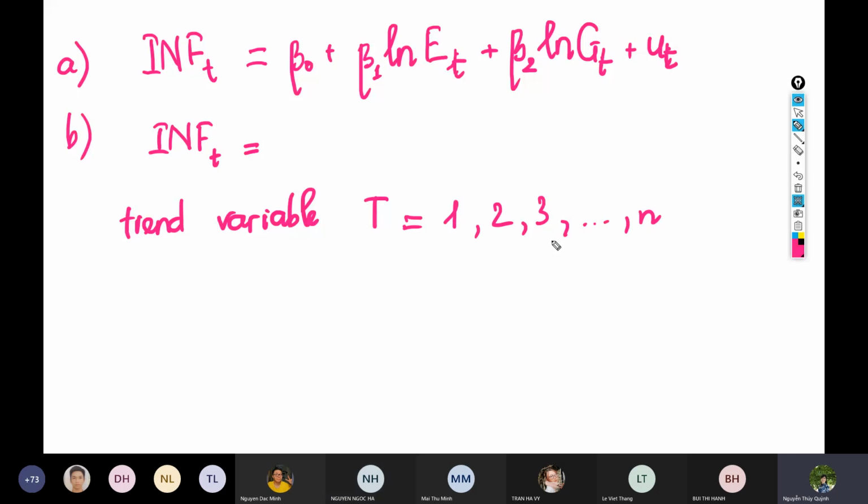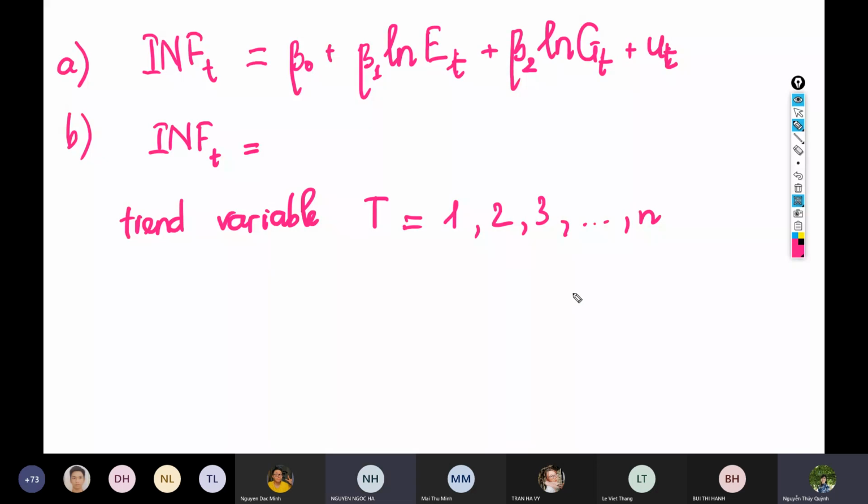So if inflation changes over time, then T will have an effect on inflation, right? But if inflation does not change over time, which means that it does not depend on the time, then the coefficient on T will not be statistically different from 0, which means T has no significant effect on inflation.